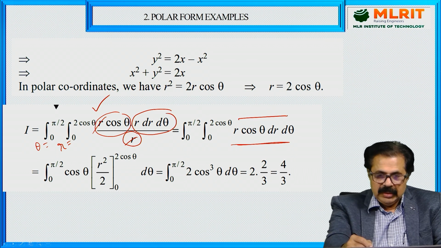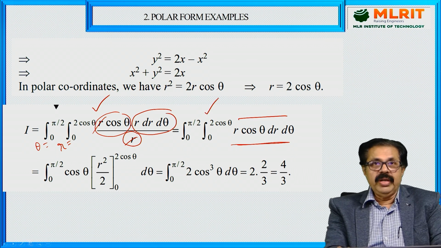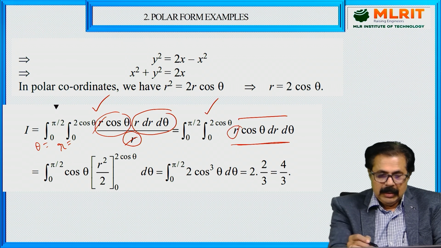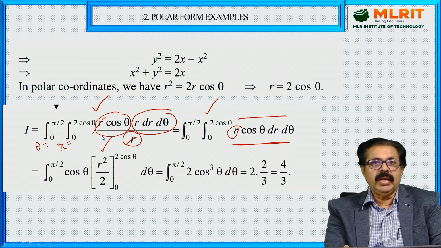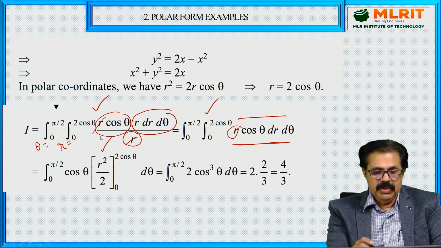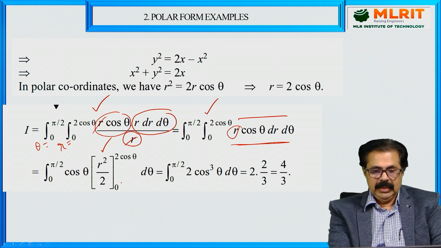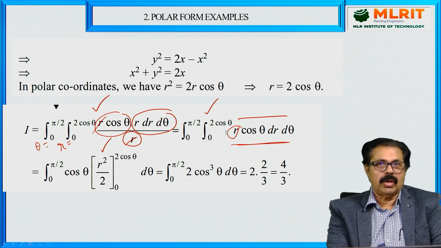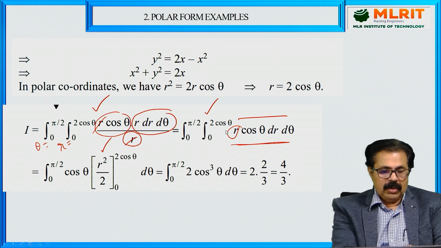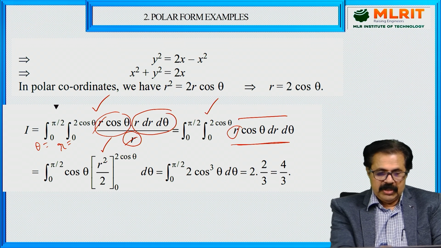First, you have to integrate with respect to r. If you integrate r, the integration becomes r square by 2. The limits are 0 to 2 cos theta. Cos theta is constant with respect to r, so take it out and now put the limits.